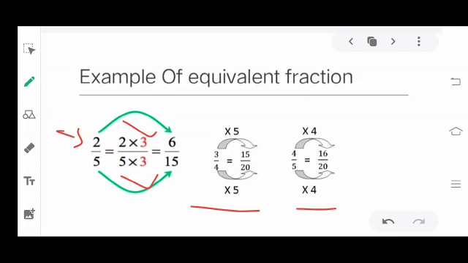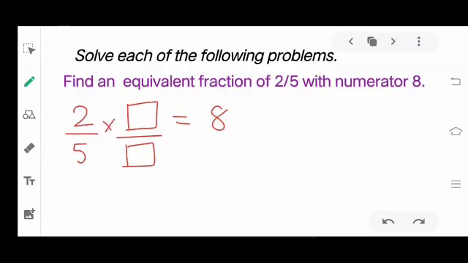So we are going to learn in this video that we need to find an equivalent fraction of 2/5 with numerator 8. Students, actually this question gives you a hint that 2/5 is the number and in the numerator we want the answer 8.